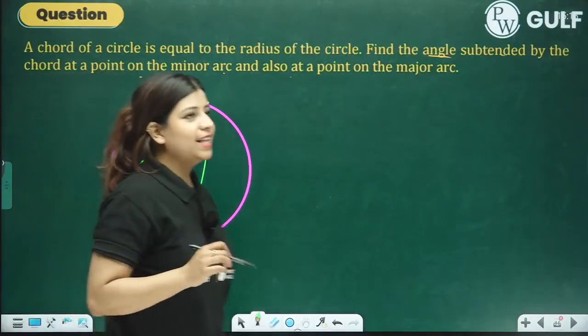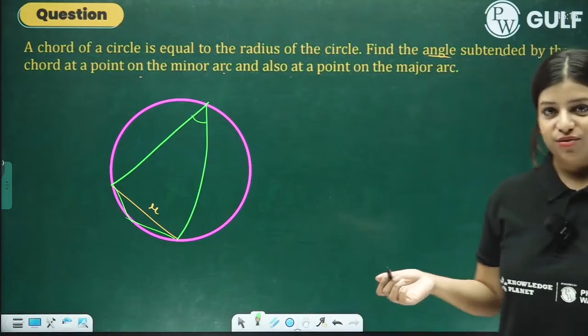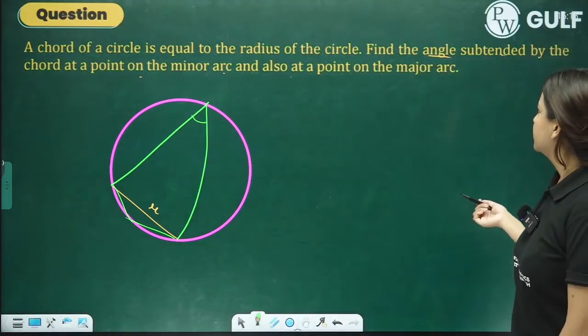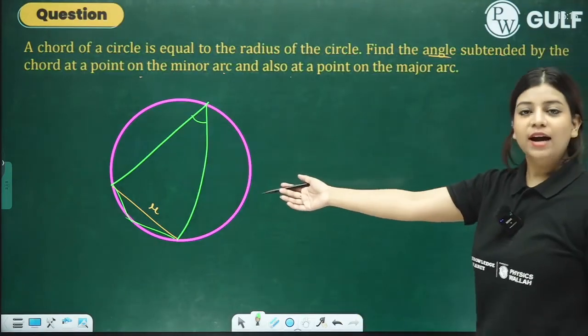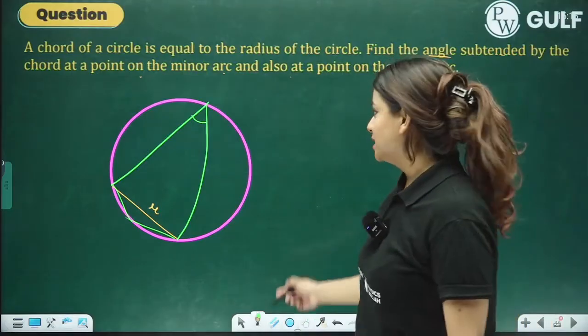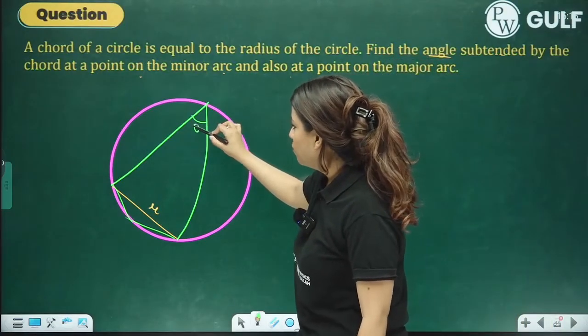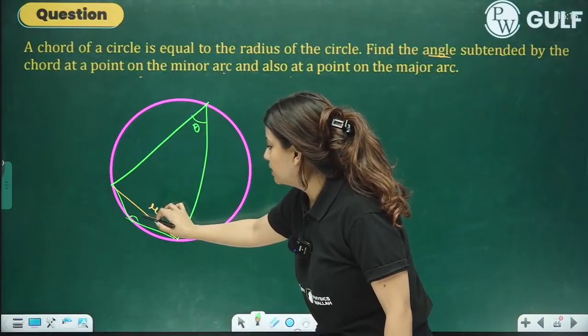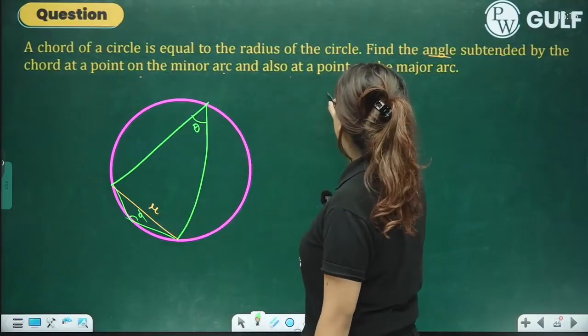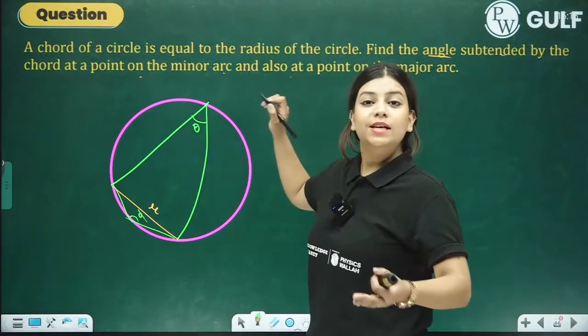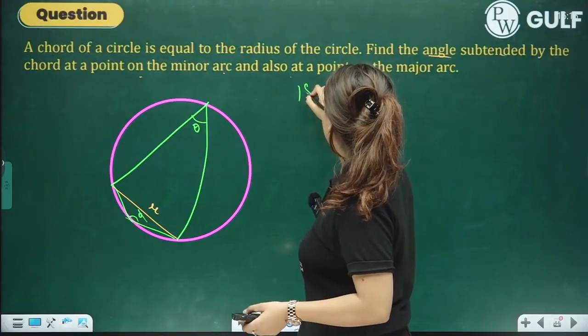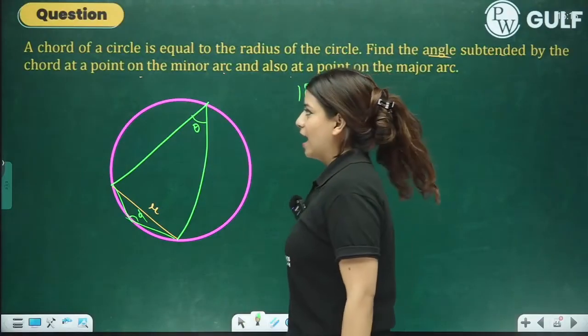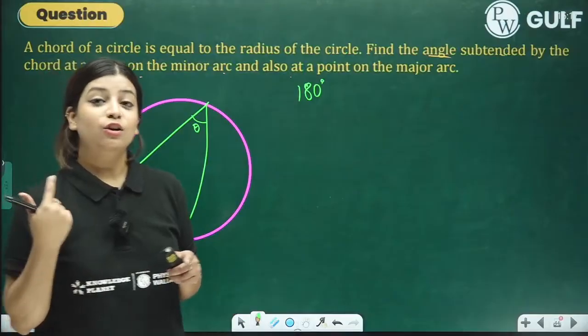As we can see, all the 4 points are on the circle. So the angle subtended over here and the angle subtended over here will give you a sum of 180 degrees, and both will be supplementary angles.